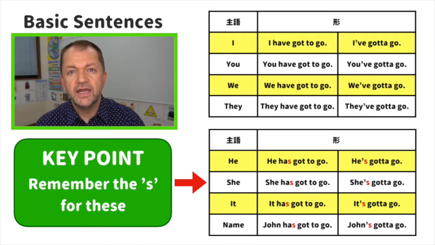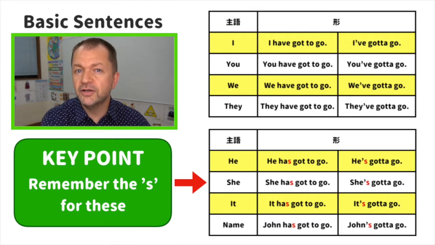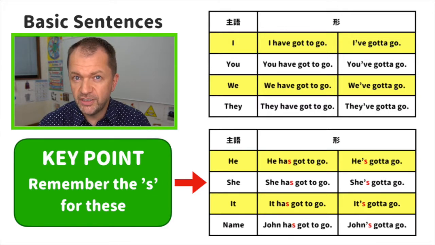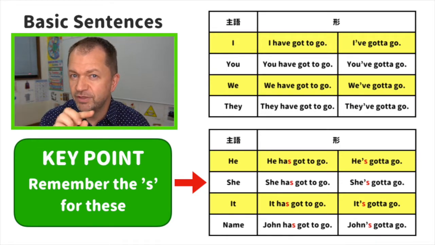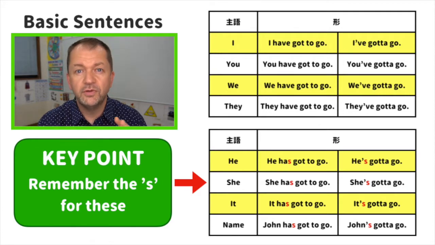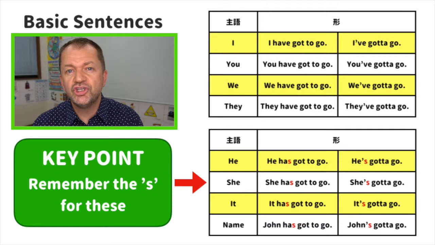So you say, I've gotta go. You've gotta go. However, when we use the personal pronouns he, she, it, and a name, have, of course, becomes has with an S. So we would say, he's gotta go. She's gotta go.